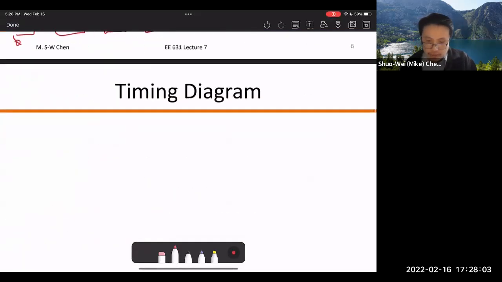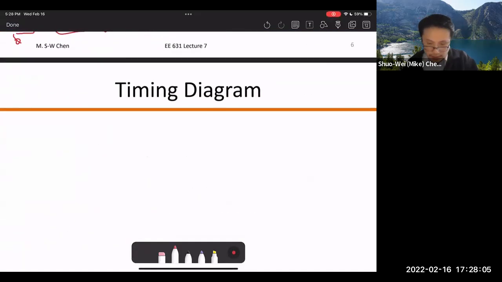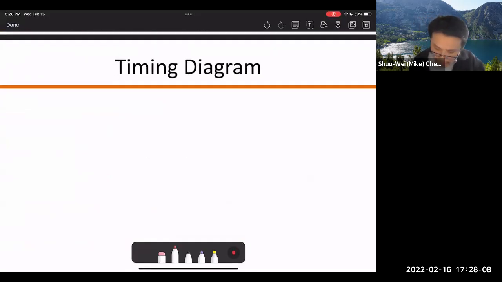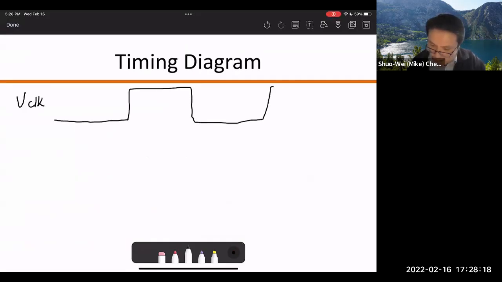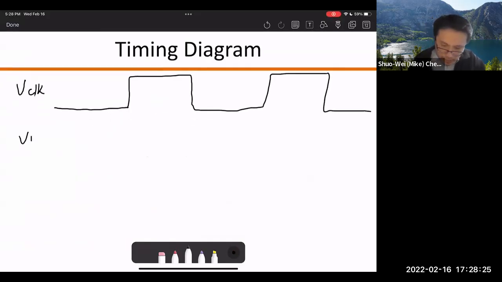Okay, so now we're gonna study this. Let's do it slowly. First there's a clock, and the clock is basically 0 to VDD. And then there's a V1.